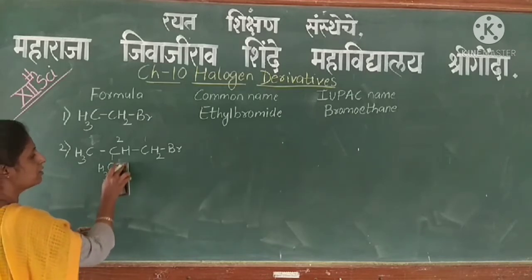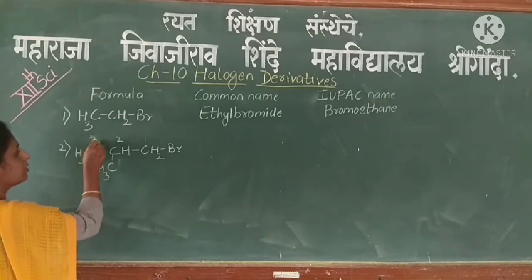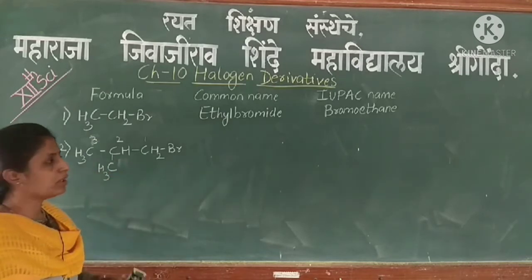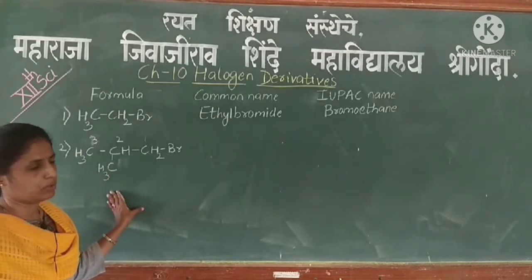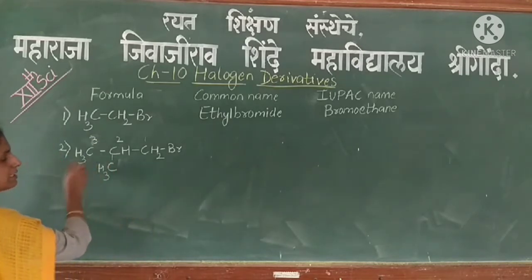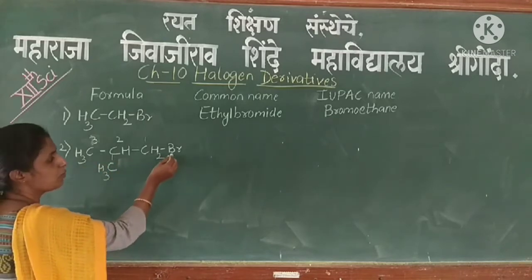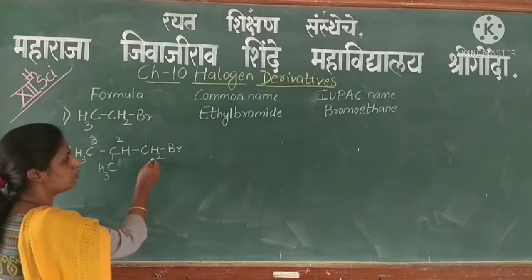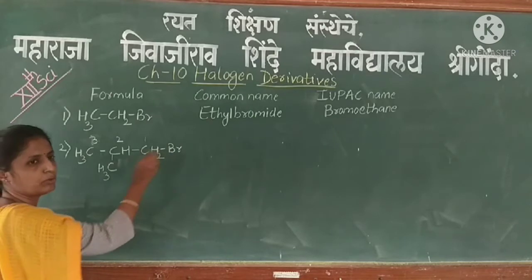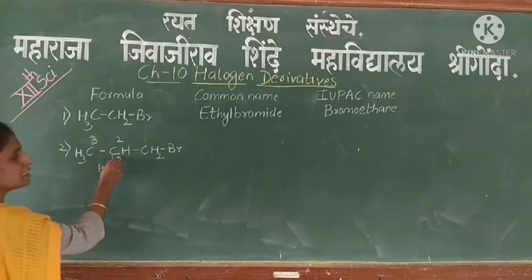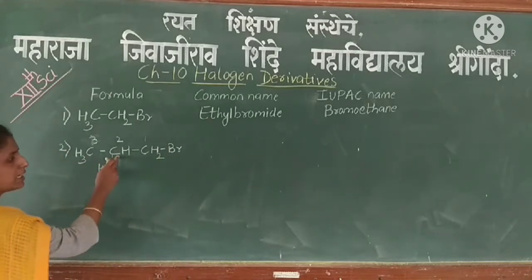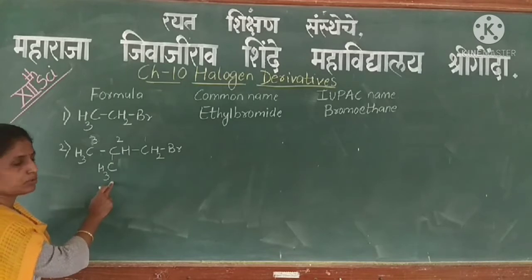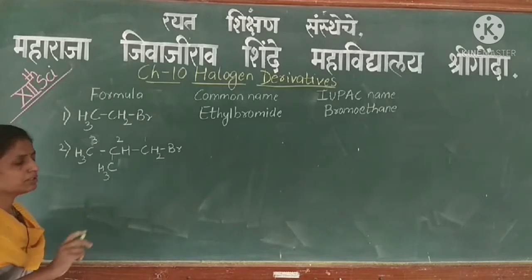So any numbering can be done, because either way you get a 3 carbon chain only. So now we will number it this way. Bromine should get the least number, so the carbon carrying bromine will be number 1, then second and third. Now the second carbon has a substituent, that is a methyl substituent.